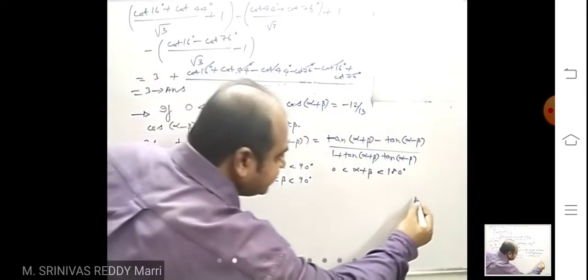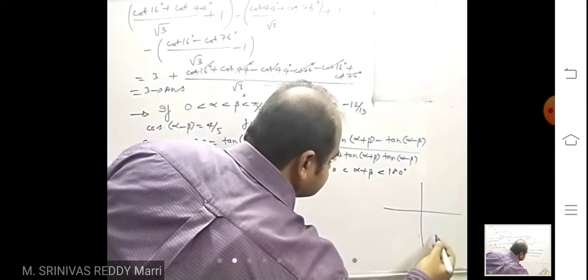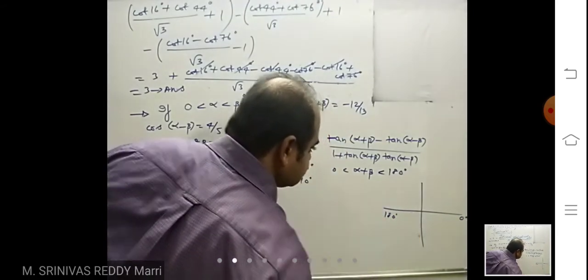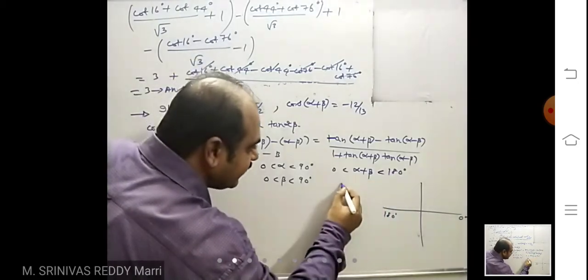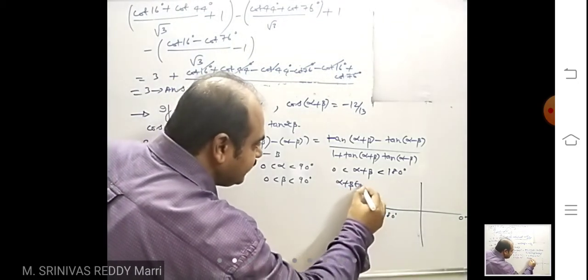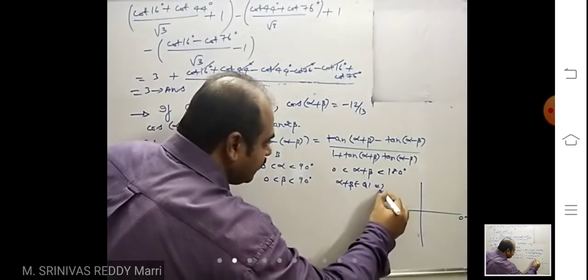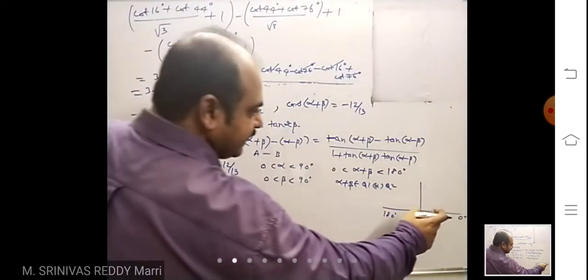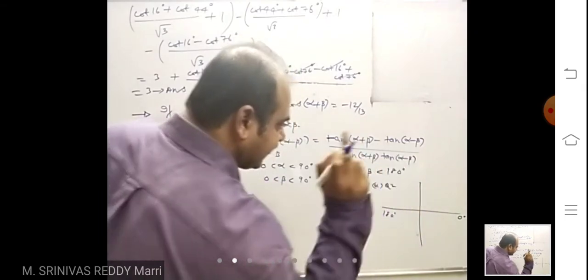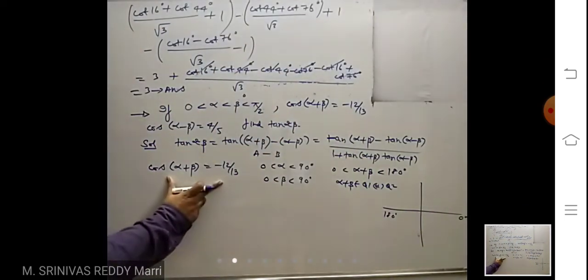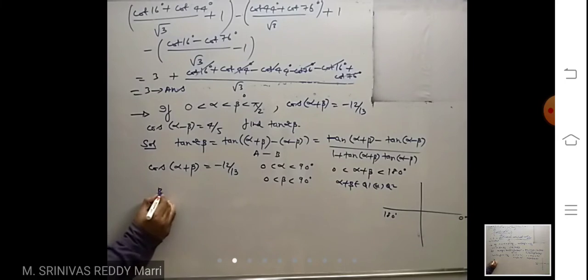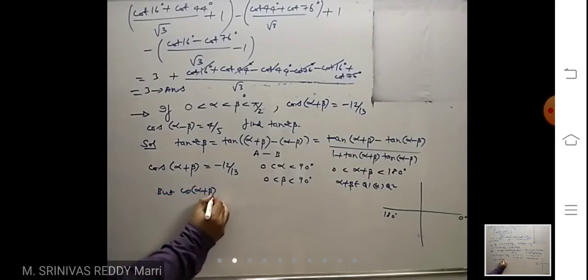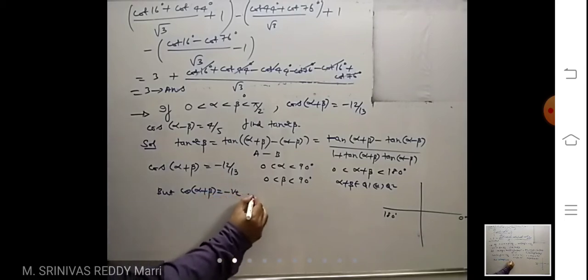0 to 180 means this is 0, this is 180. From this you can conclude that alpha plus beta is either in quadrant 1 or quadrant 2. But cos of alpha plus beta is given negative.